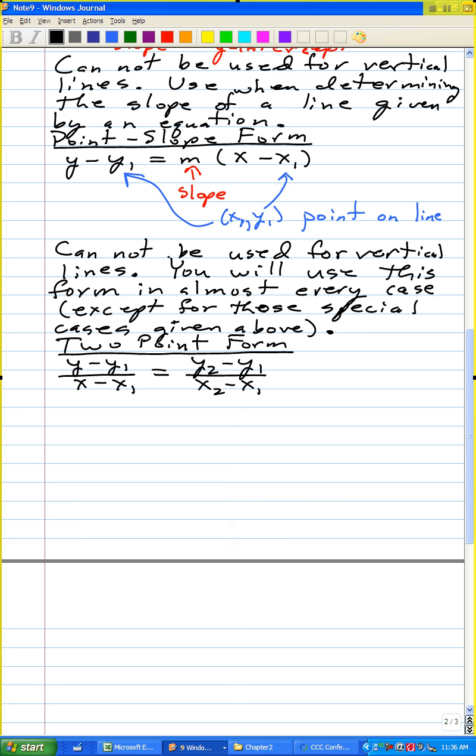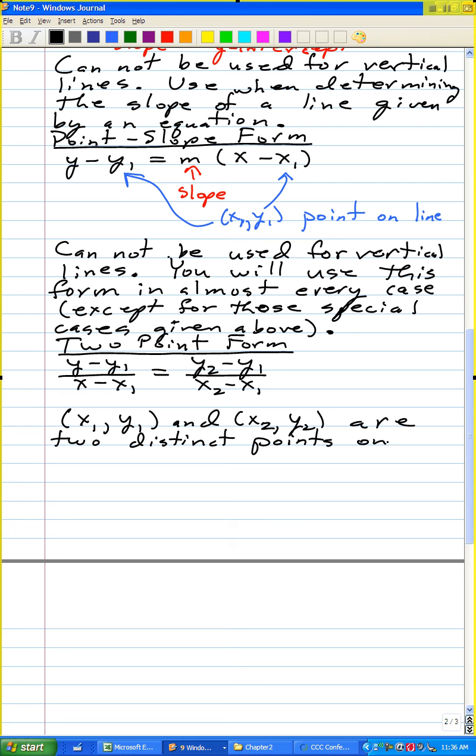In this case, I'm assuming that (x1, y1) and (x2, y2) are two distinct points on the line, and that x1 is not equal to x2, so I'm not dividing by 0.